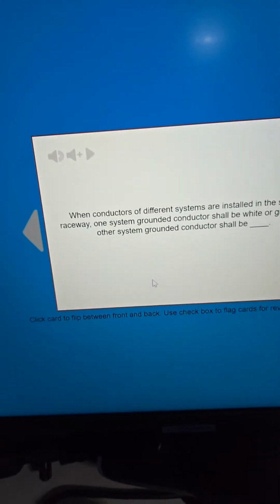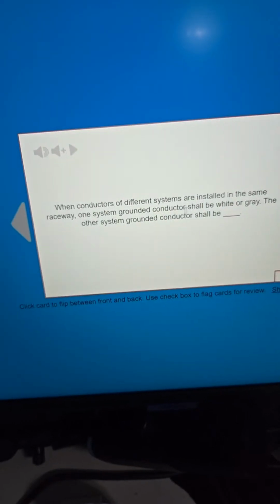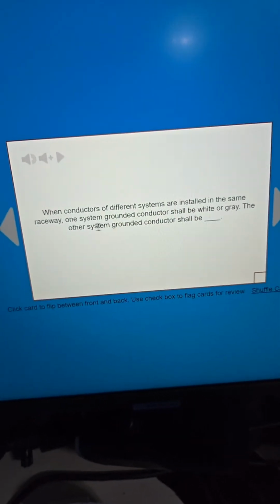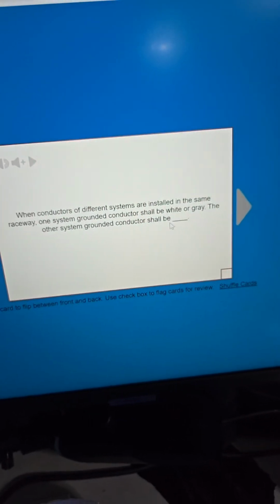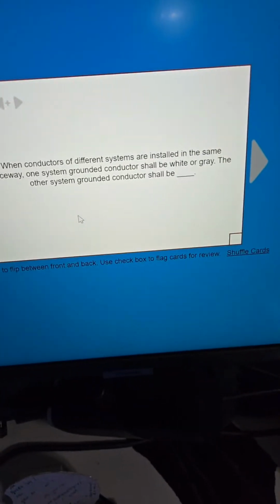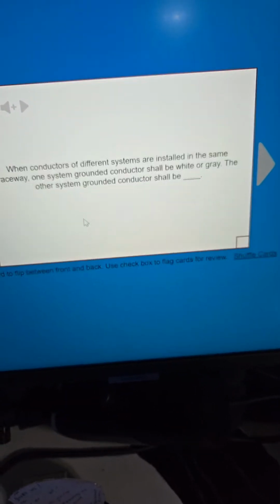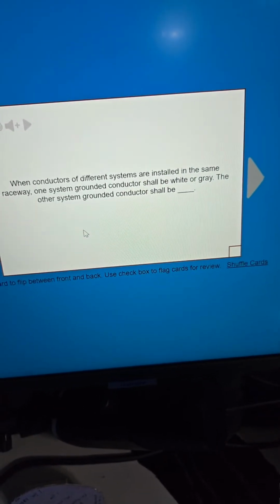All right. When conductors of different systems are installed on the same raceway, one system grounding conductor shall be white or gray. The other system grounding conductor shall be gray with white stripes. Shall be. When conductors of different systems are installed in the same raceway, one system grounded conductor shall be white or gray.